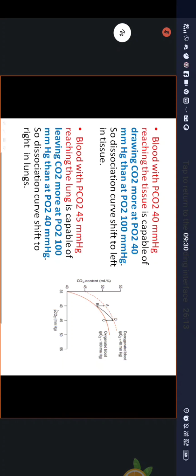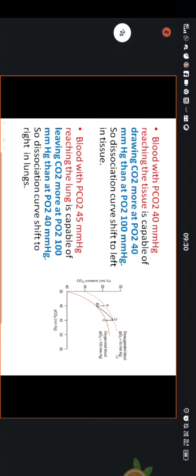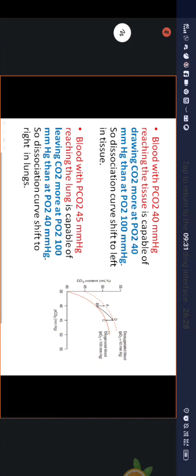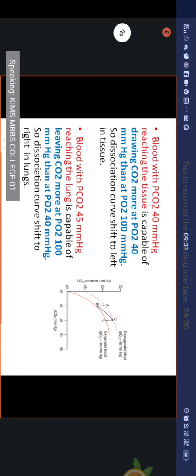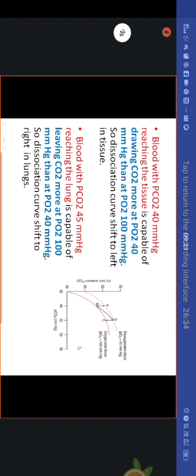At the level of PCO2 40 mm Hg, usually shift to left, more binding takes place for the deoxygenated blood. Whereas shift to right, more oxygenated blood, means unloading of CO2 is more in oxygenated blood compared to deoxygenated blood.